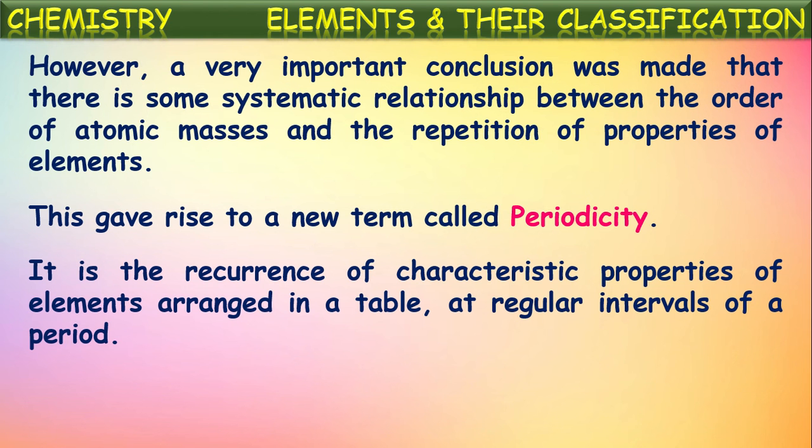When elements are written in the increasing order of their atomic masses, certain characteristic properties are being reoccurred from one element to other element. This they call as periodicity. It was found for the first time from this Newland's classification, even though it is having certain drawbacks. This led to further classifications.